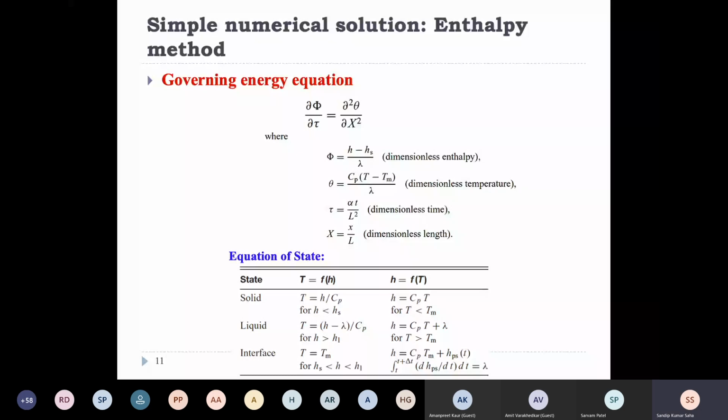So normally the left hand side is always converted to H. Now if you convert that equation, it will look like this form that I just mentioned verbally.